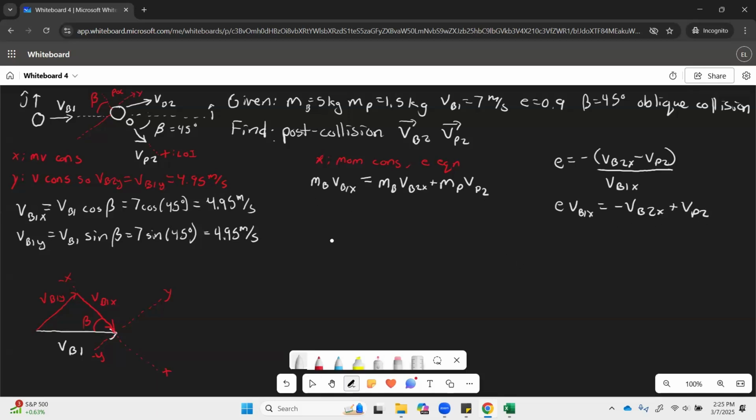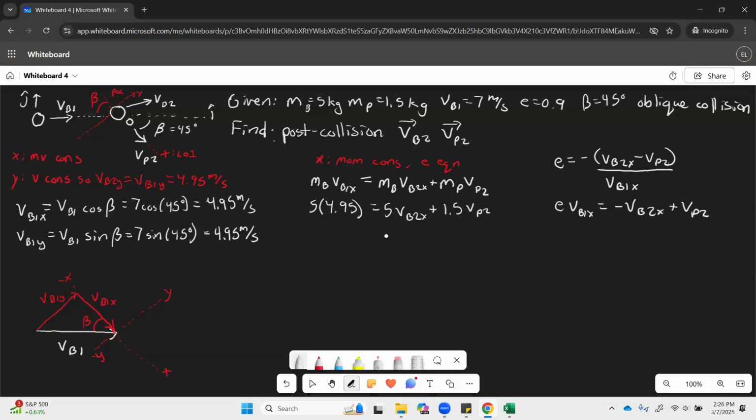And we can go ahead and plug in numbers here. So we'll have MB is 5 times the VB1x, which we calculated over here was 4.95, equals 5 VB2x plus 1.5 VP2.